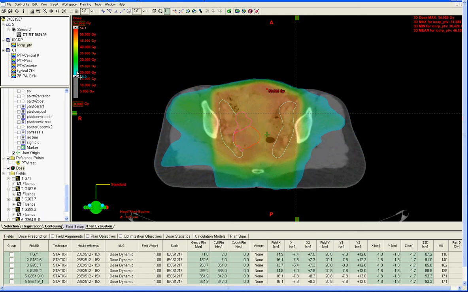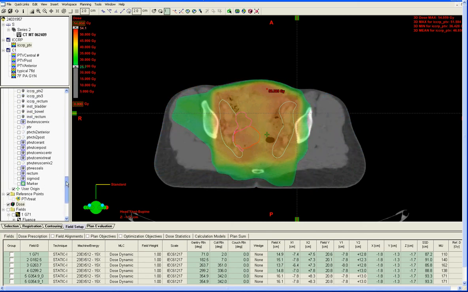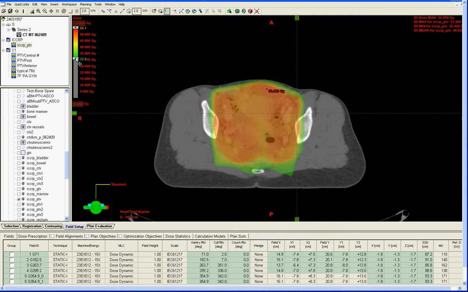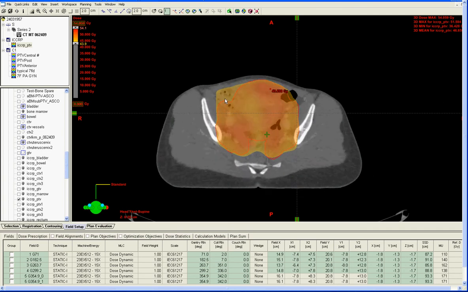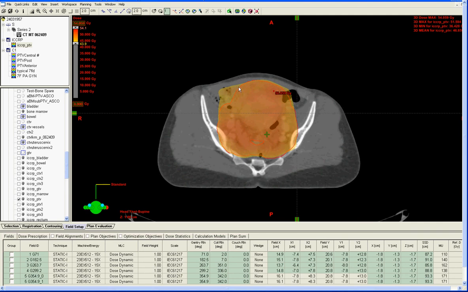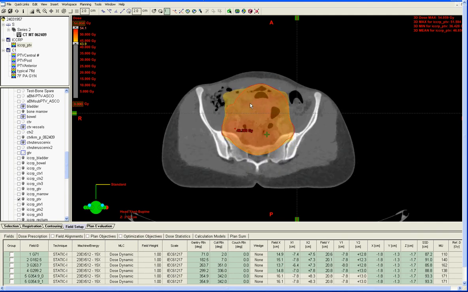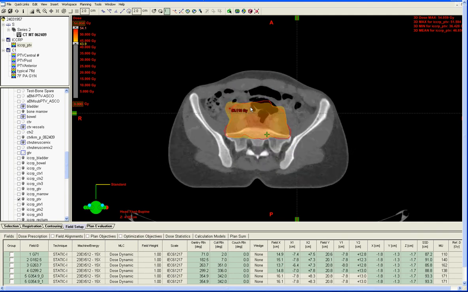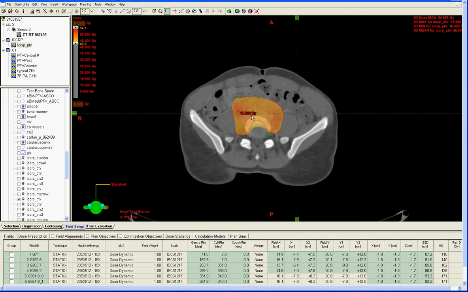Generally what we want to see is nice conformality around the planning target volume. As we scroll and get closer to the prescription dose, we should see a fairly conformal treatment plan with respect to the PTV, which seems to be achieved here.